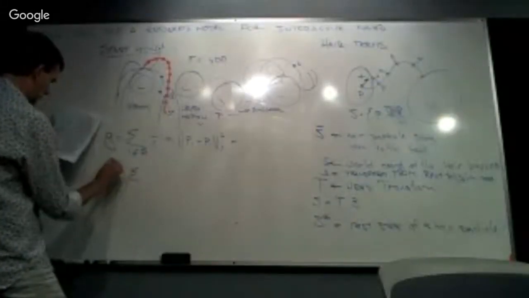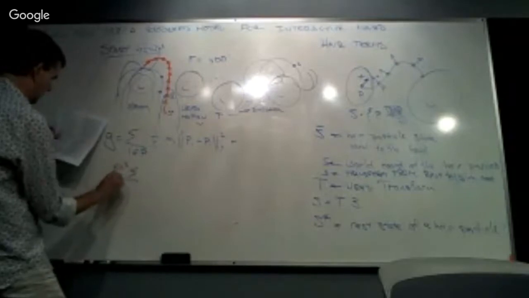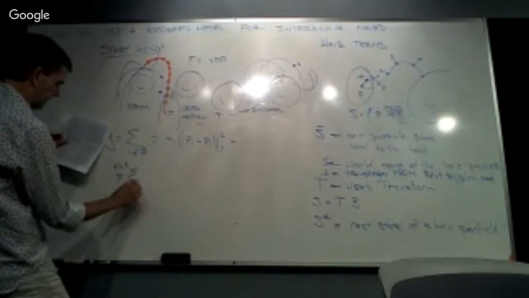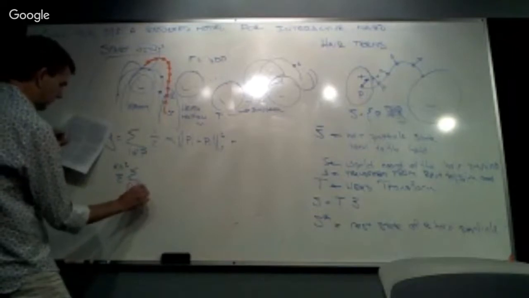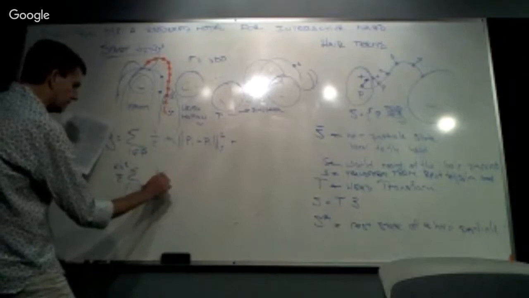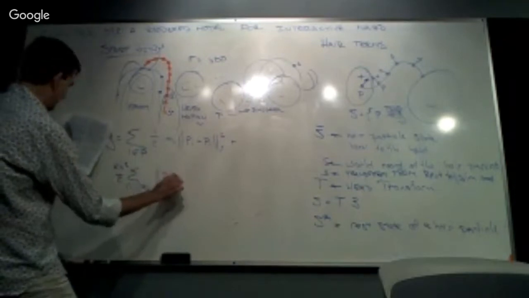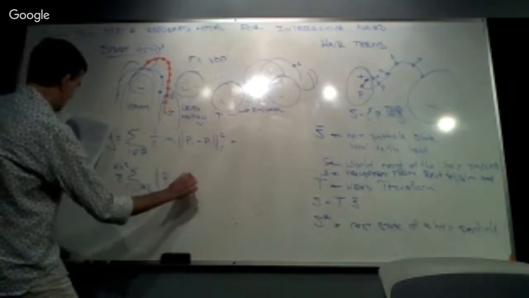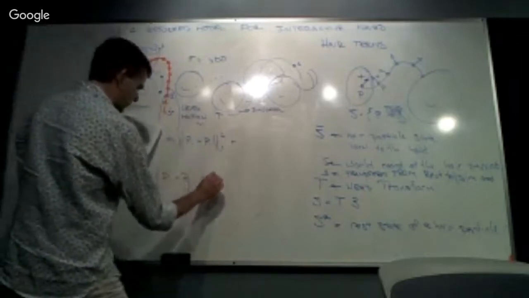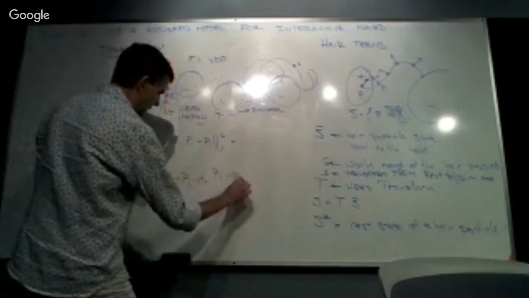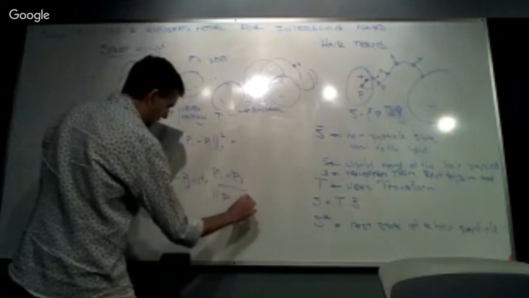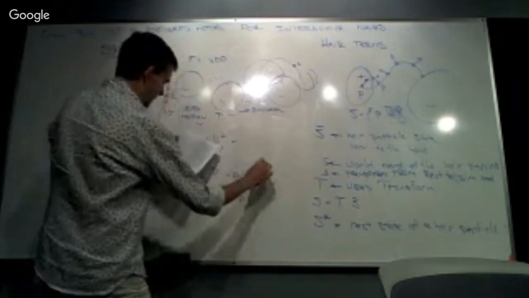Sum, oops, k h squared over 2, sum of i, j. Oh my god, what the hell is this? It's illustrative to figure out what they're doing. j minus dr. How crazy is this? p_i minus p_j. This is easy. The distance between p_i and p_j. Now we're going to normalize some things here.